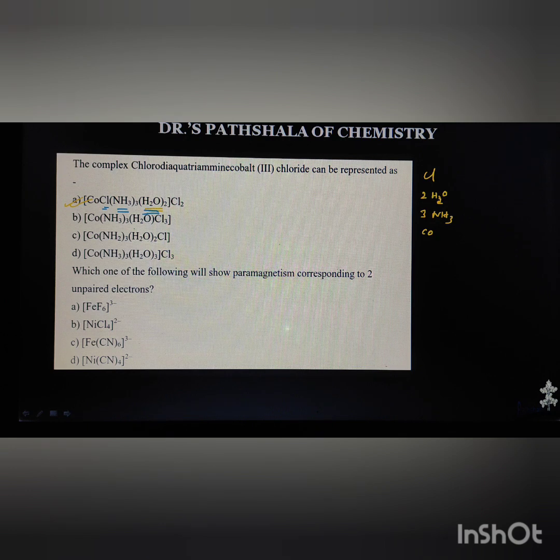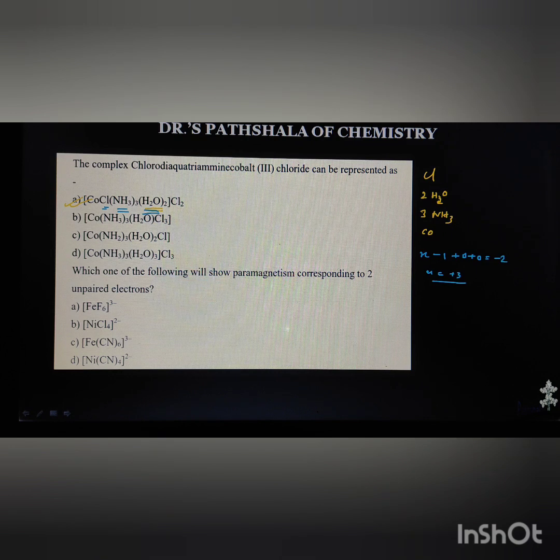If we determine the oxidation state in this case, the oxidation state of cobalt will be X minus 1 plus 0 for ammonia plus 0 for water is equal to minus 2. So X equal to +3.